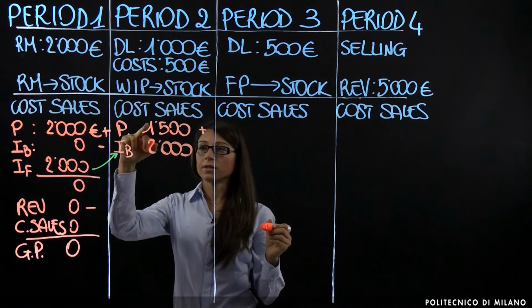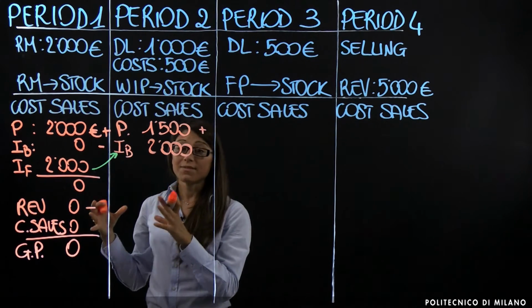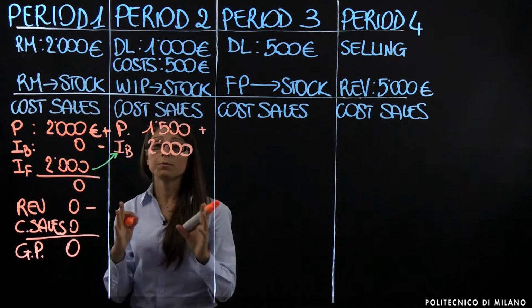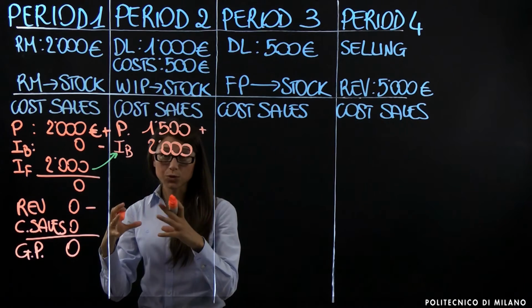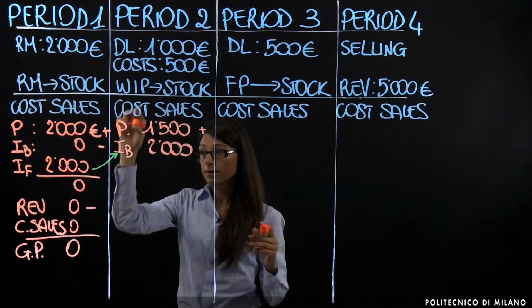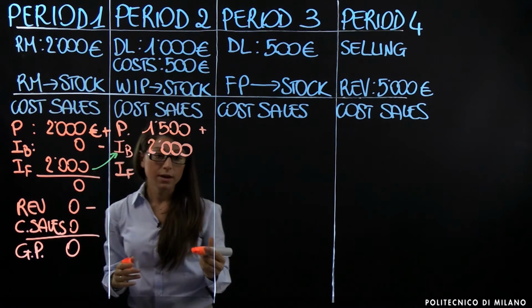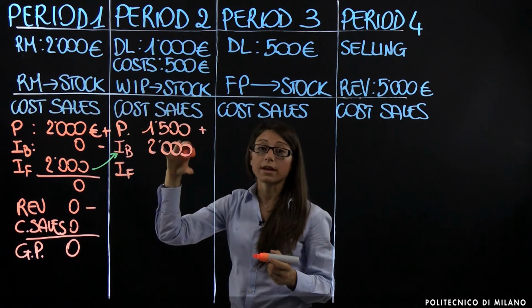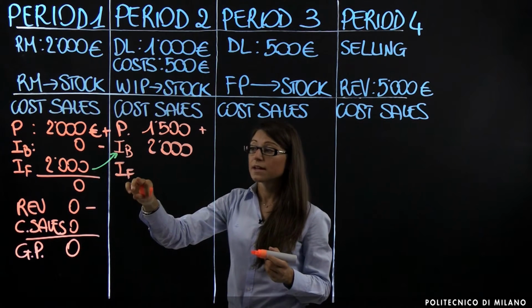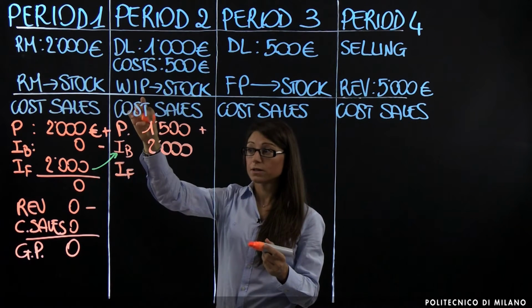These 3,500 euros represent what is available for the company for production in period 2. These resources are used and absorbed for production, and they are put in the stock as work in progress. Now, if we need to calculate the value of the final inventories, given that this work in progress is put in the stock, the value of the final inventories is exactly the overall amount of resources absorbed by this work in progress.